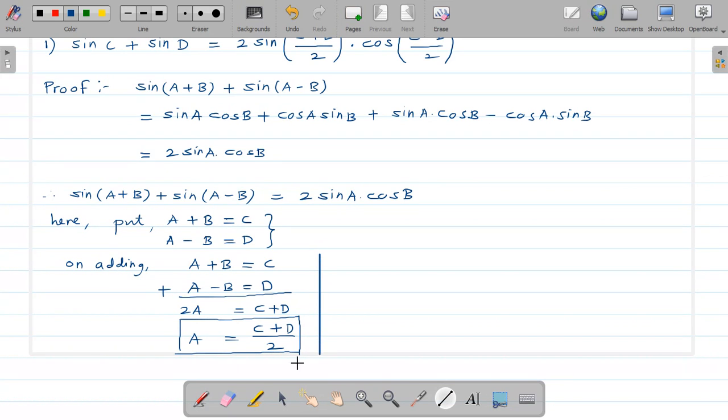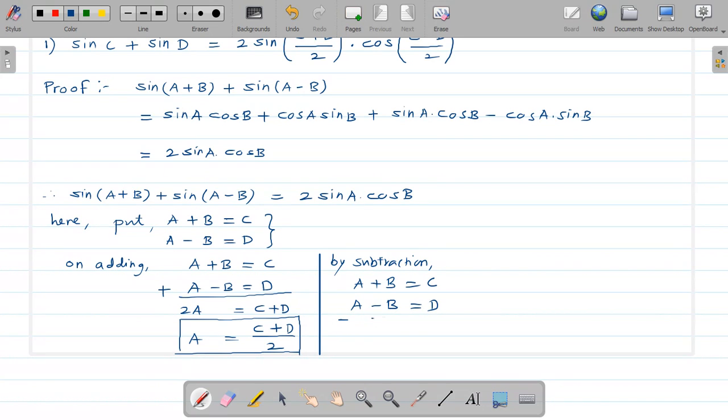Now if you subtract these two equations, that is A plus B is equal to C and A minus B is equal to D, on subtraction, what will we get?